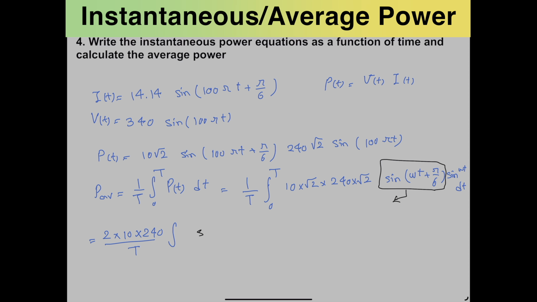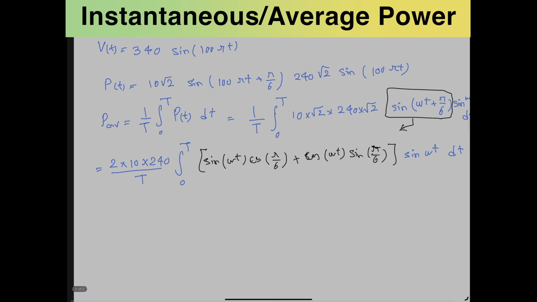So that can be expanded into sine omega t cos pi over 6 plus cos omega t sine pi over 6. So that will be how this term is going to be expanded, and all of that is going to be multiplied by sine omega t dt. The integration is from 0 to T.